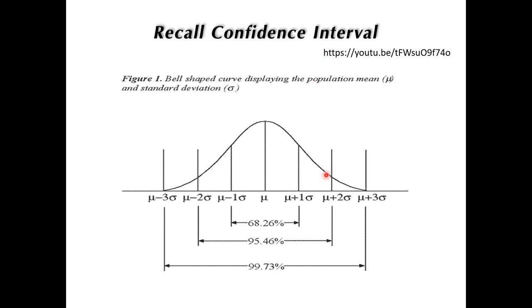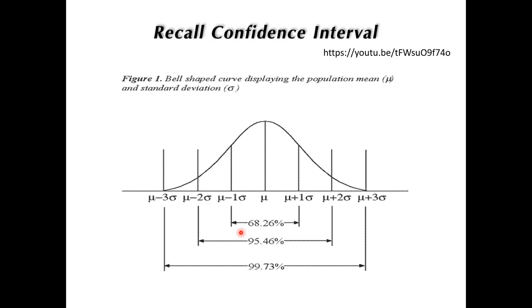In confidence interval, you have looked at how you have used the central limit theorem in explaining the distribution of your data. In the central limit theorem, you have three different statements.